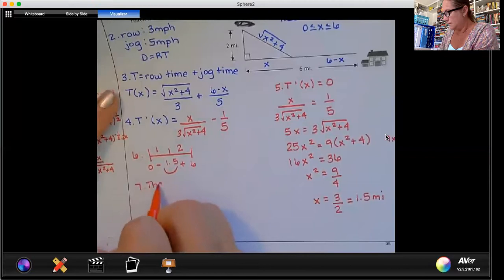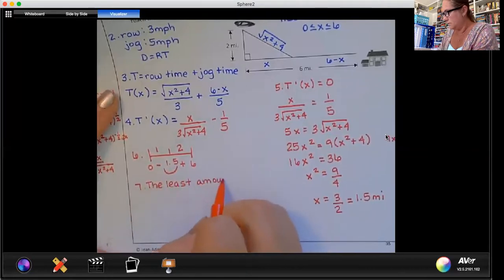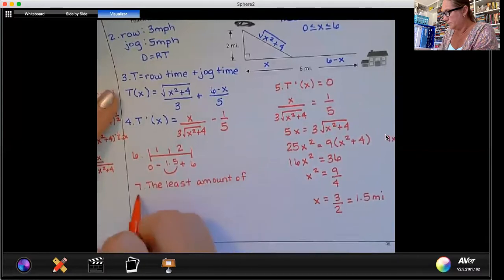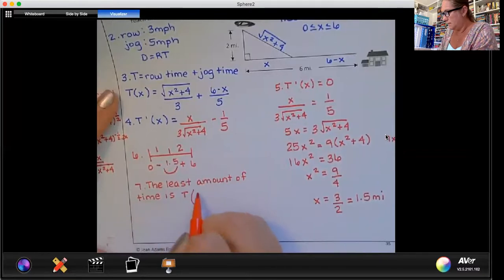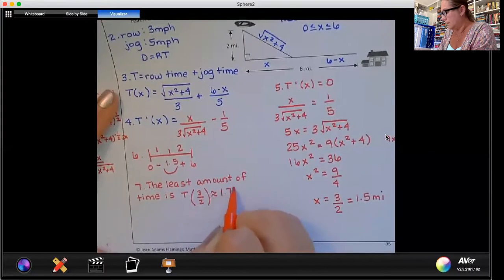So the least amount of time is T of 3/2, which when we plug that in gives us approximately 1.77733 hours.